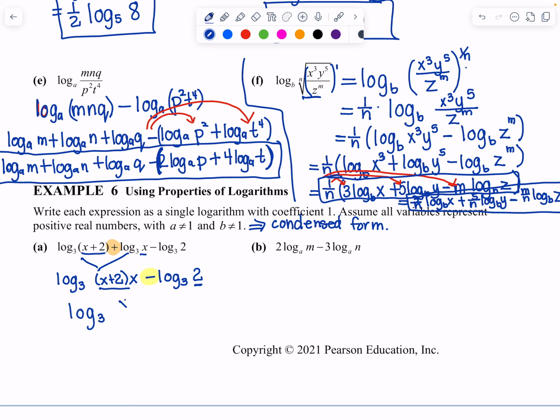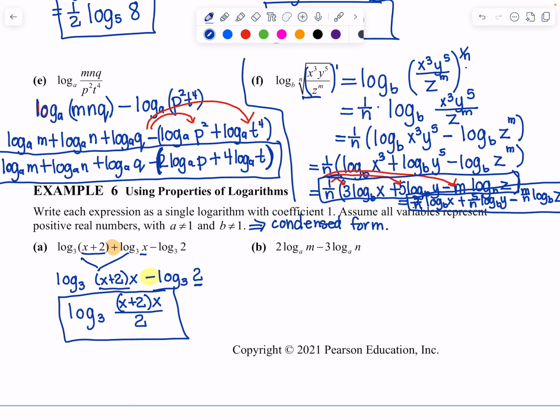We see what's at top, x plus 2 times x, all that over 2, because we got to express it as division. Okay? Well, we're now to a single logarithm statement. This is my final answer right here, because there's nothing else we can do.